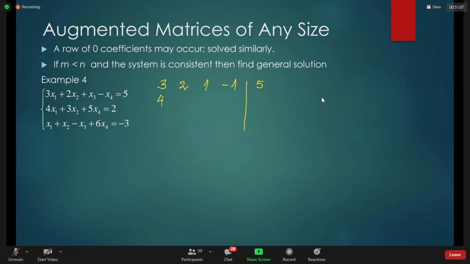Next we have 4, 3, 5, 0. See, x3 is missing here, so we have to put a 0 here. 5 and 2, so we always need to pay attention. And yes, absolutely, the idea was completely correct. We have to pay attention to where we put the 0.